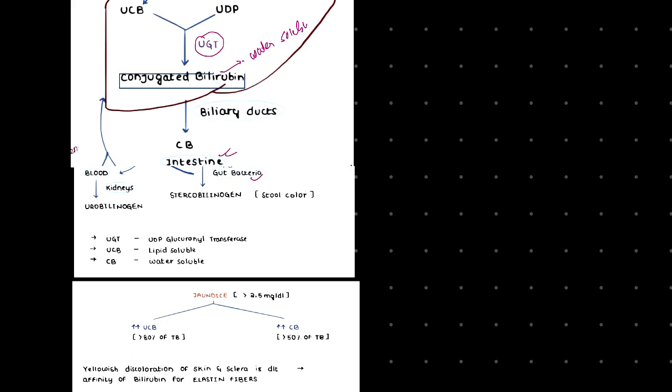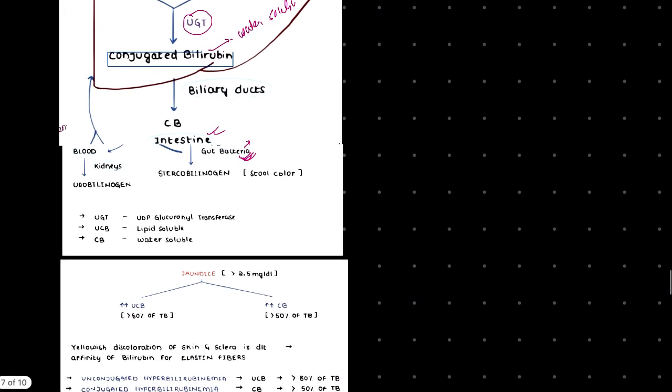In the intestine we have normal flora bacteria. These bacteria have glucuronidase enzyme.